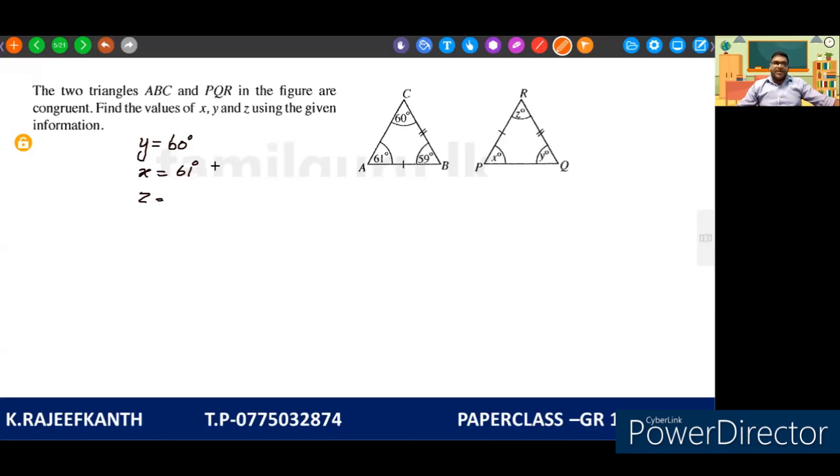Then Z is equal to 59 degrees. So the values of X, Y, Z are 61 degrees, 60 degrees, and 59 degrees. If two triangles are congruent, then corresponding elements will be equal. By using that, we can find the answer for X, Y, and Z.